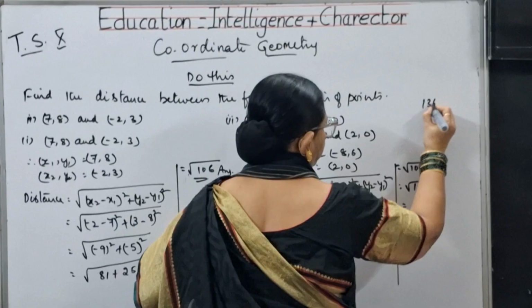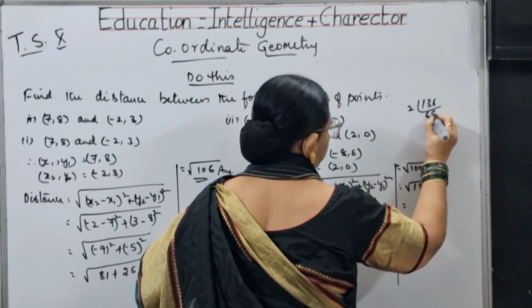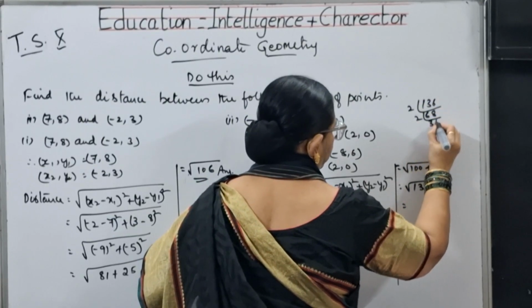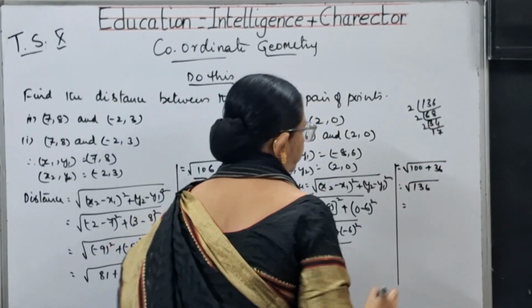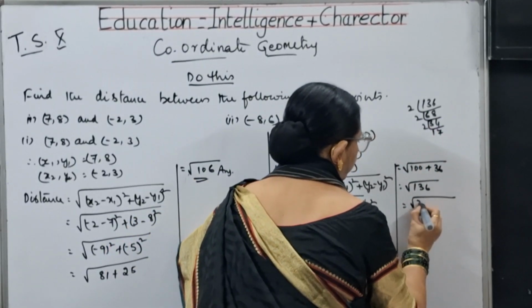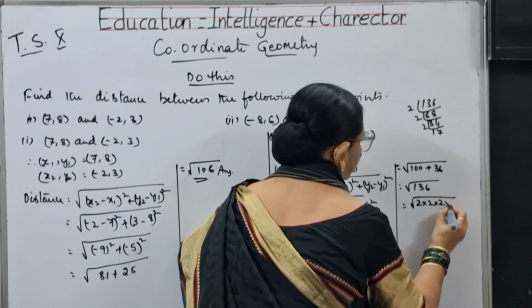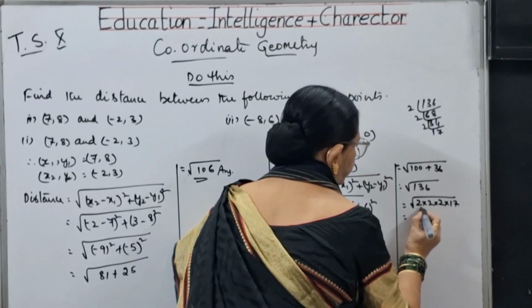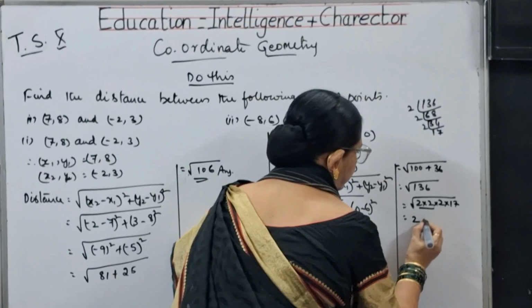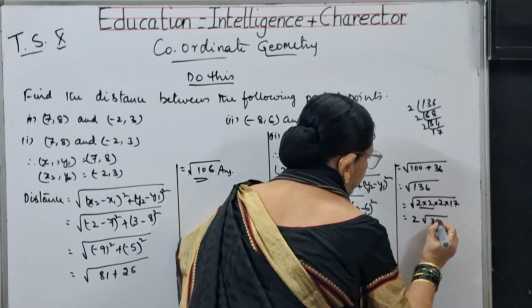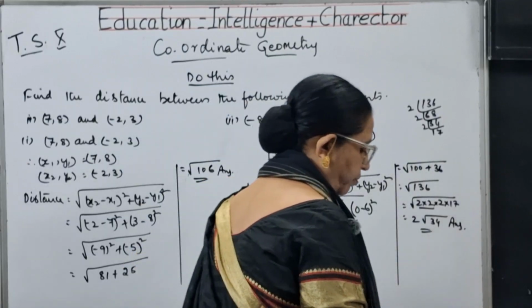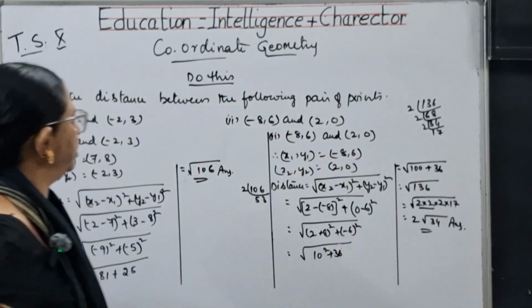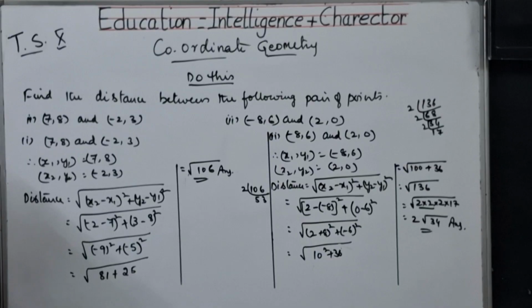So 136, 2 6s are 12, 2 8s are 16, 2 3s are 6, 2 4s are 8, 2 1s are 2, 2 7s are 14. That means root of 2 into 2 into 2 into 17. That means out of two 2's, one 2 I can take out. 2 root 34 is the answer for this one, children. So please go through it.